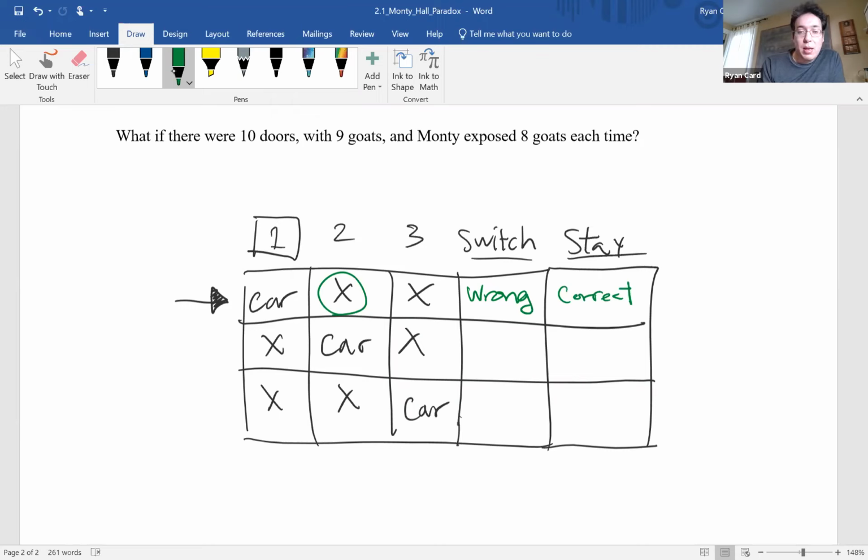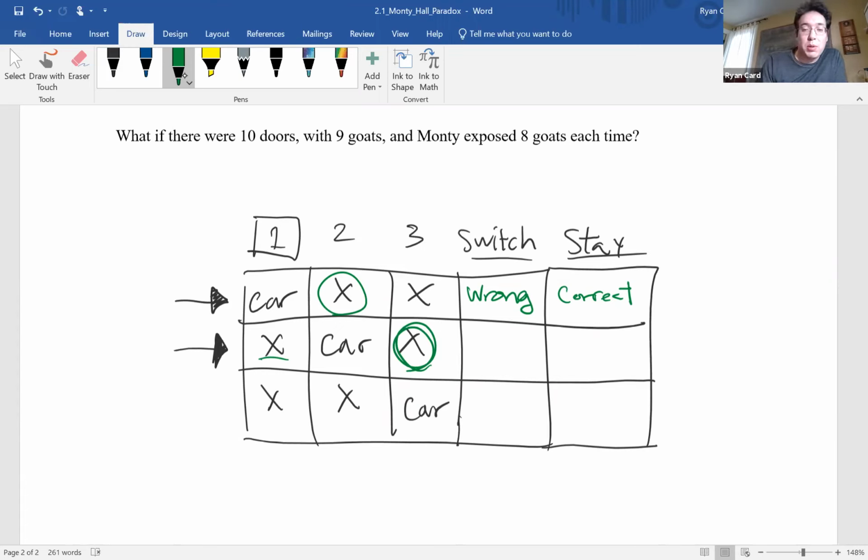Let's now consider the case where the car was behind door number two. You still chose door number one at the first step. But if you've chosen this door and Monty has to reveal a goat, he's forced to reveal door number three, because that's the only other door that has a goat behind it.